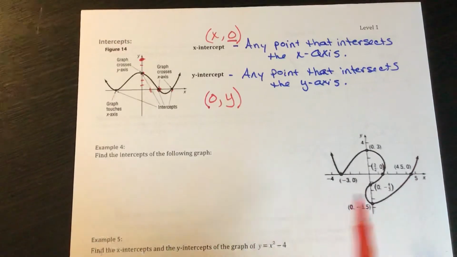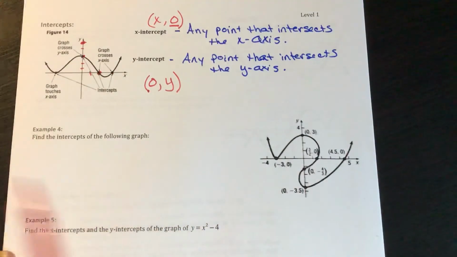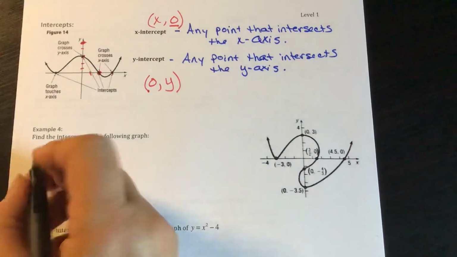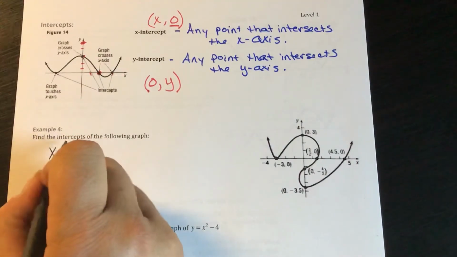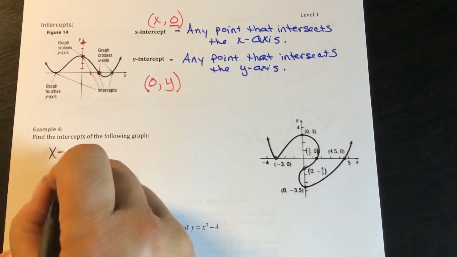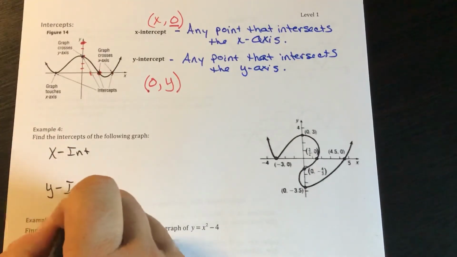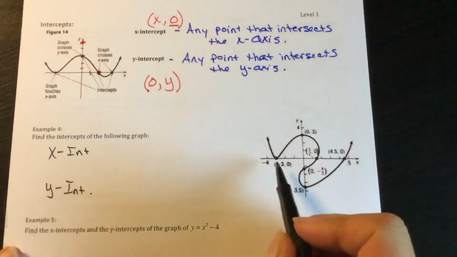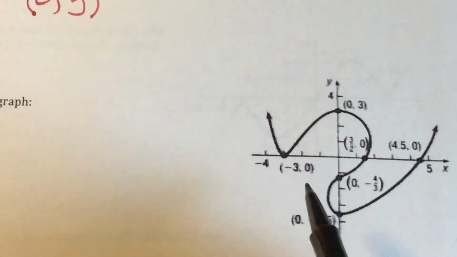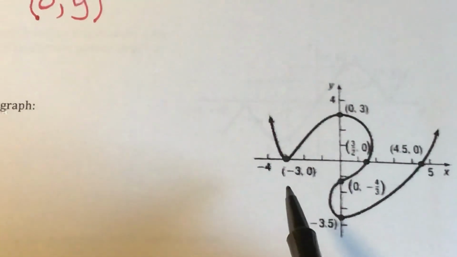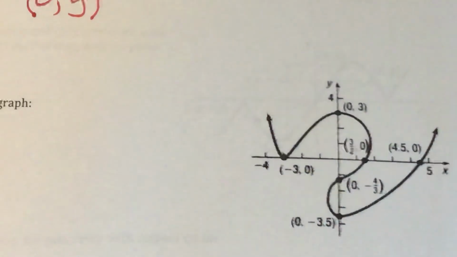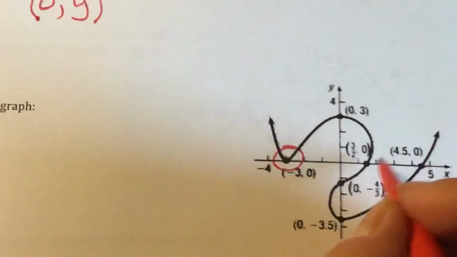All right, so looking at this diagram here, we want to find the x-intercepts and the y-intercepts. So if I look here, and I'm going to zoom in real big, the x-intercepts are where it crosses the x-axis.